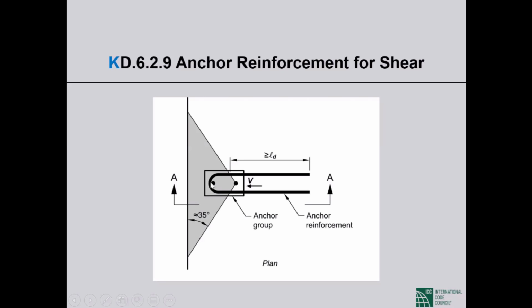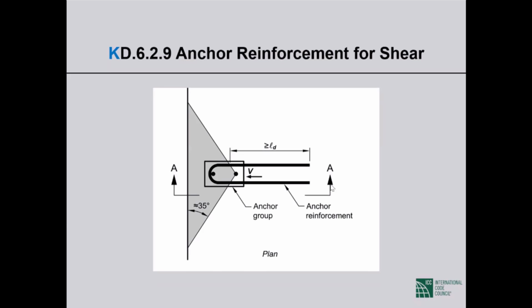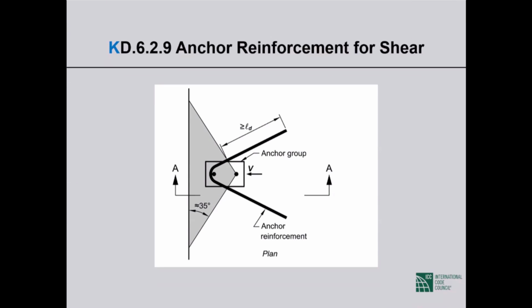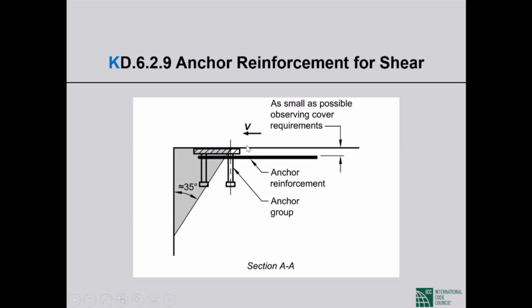Okay, so group of two anchors. This is the hairpin used as shear reinforcement. If you look at this section, that's what the section looks like. Okay, this is the anchor, the hairpin that we were talking about.